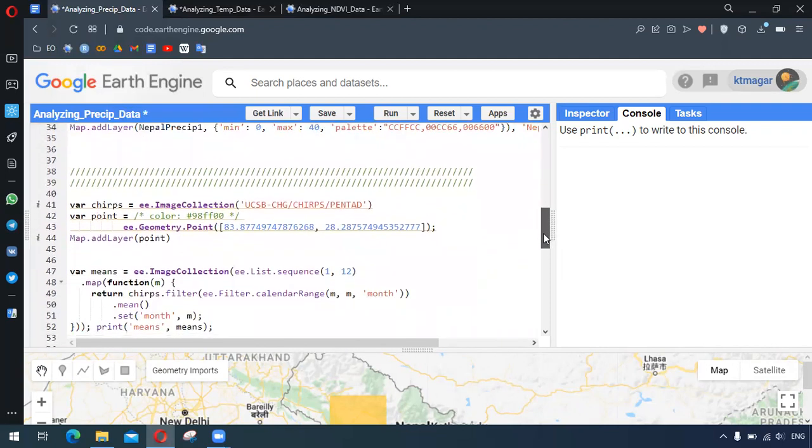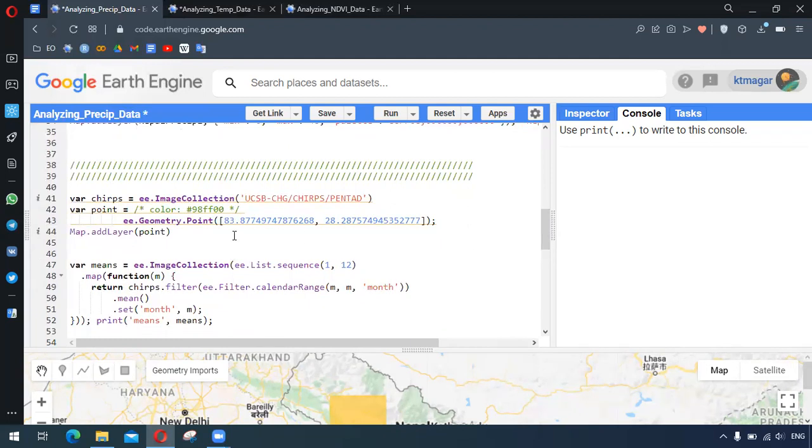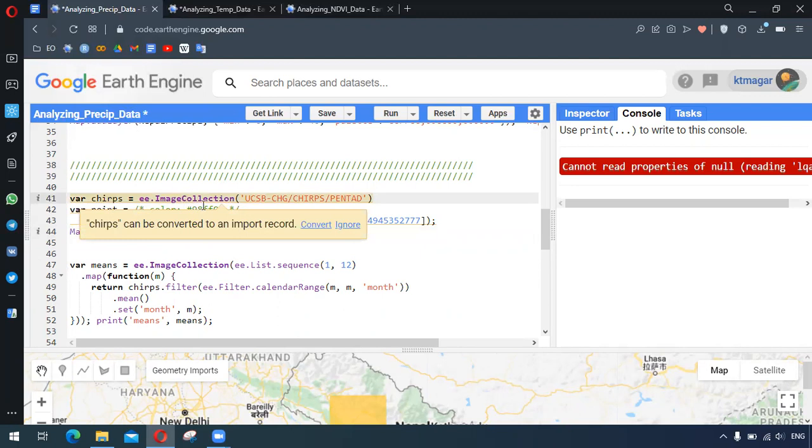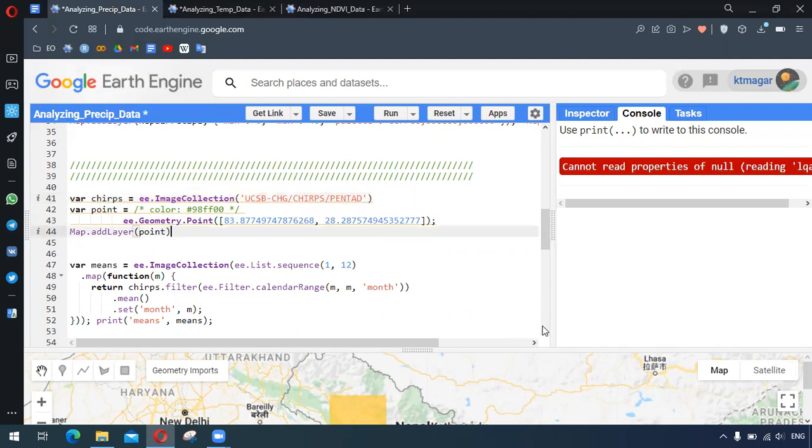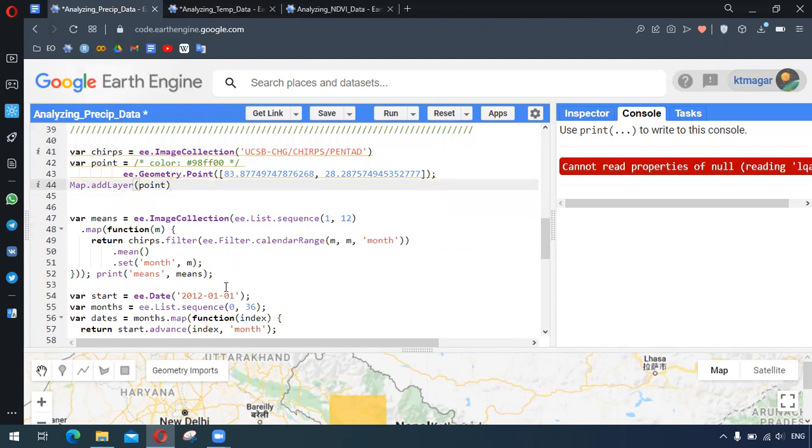Similarly, we have other codes here. Again, we are selecting our dataset. We want to have this dataset based on that point. And here we are finding the means by the year. So we are finding the means of the images for each month.